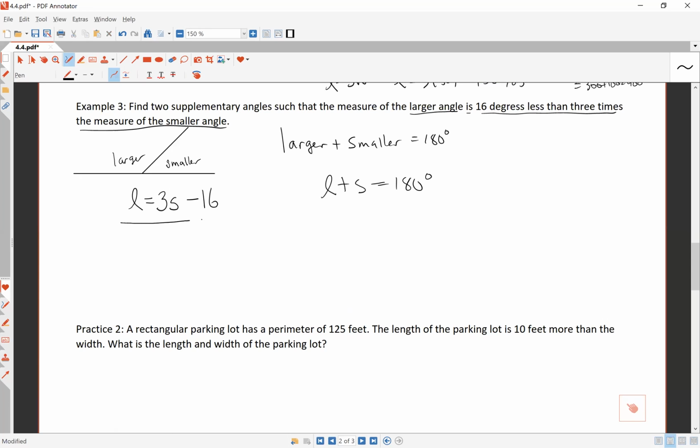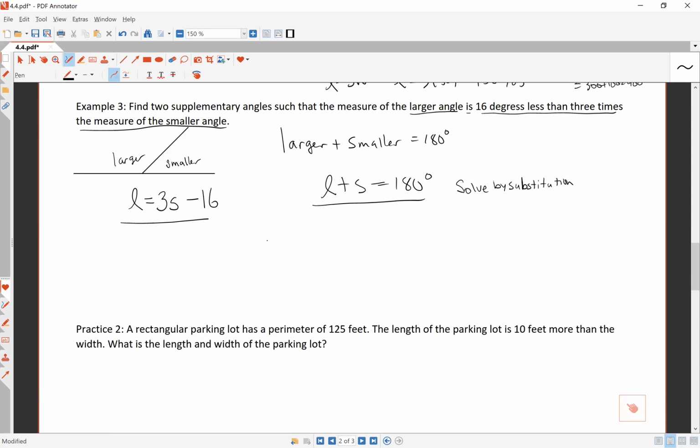There's my second equation, and there's my first equation. So we solve by substitution.